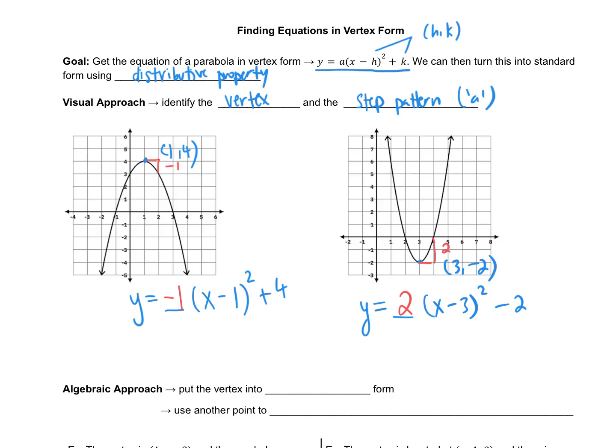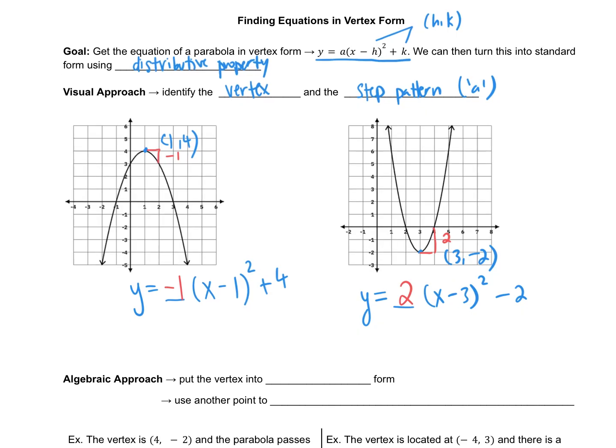Now the visual approach is nice if I can clearly read off my step pattern and I can clearly read off my vertex. The step pattern can sometimes have fractions or decimals, and if that's the case, you do not know if you are getting the accurate a value just by looking at the visual. And also the visual approach is only good if you have a graph in front of you.